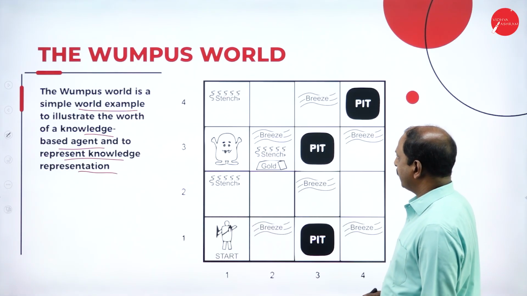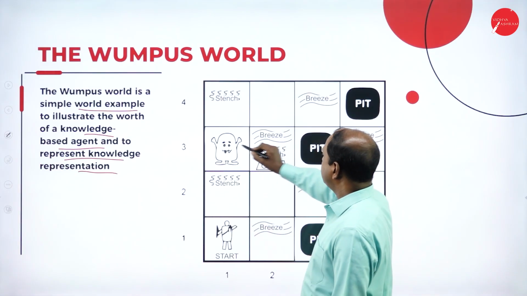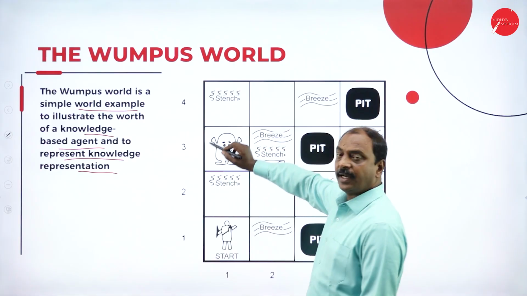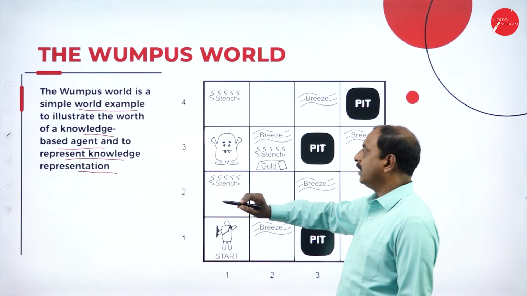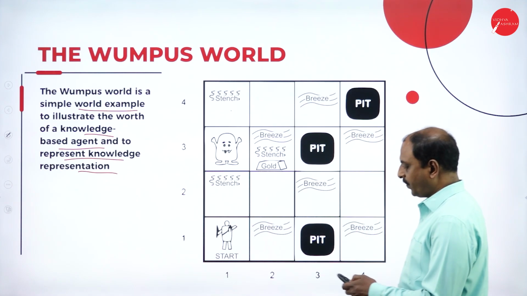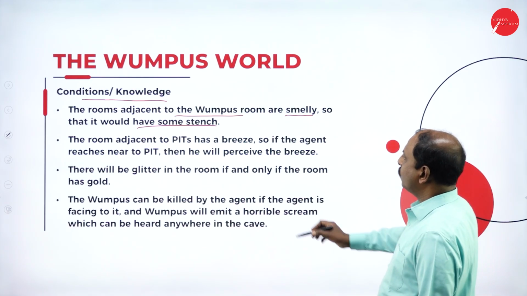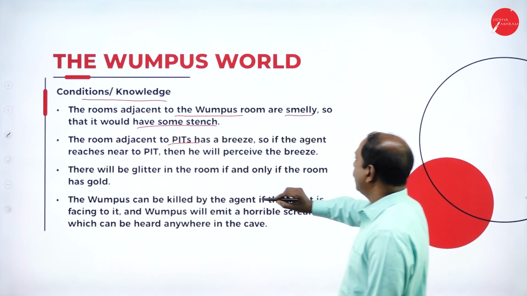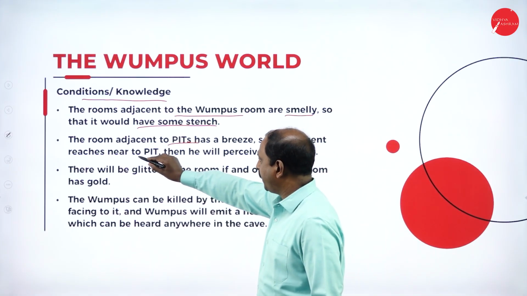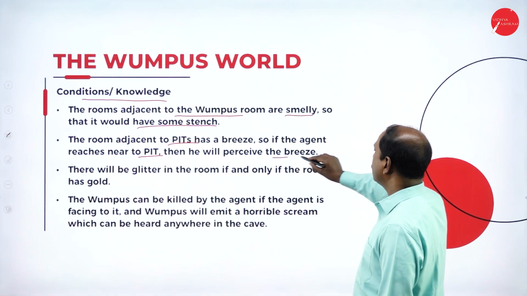So, this is the diagram here. The adjacent rooms of the Wumpus have a stench, which gives us a bad smell. So here, this is the one, here and here. That is the first condition. The next one is that a room adjacent to a pit has a breeze. If the agent reaches near the pit, then he perceives the breeze.